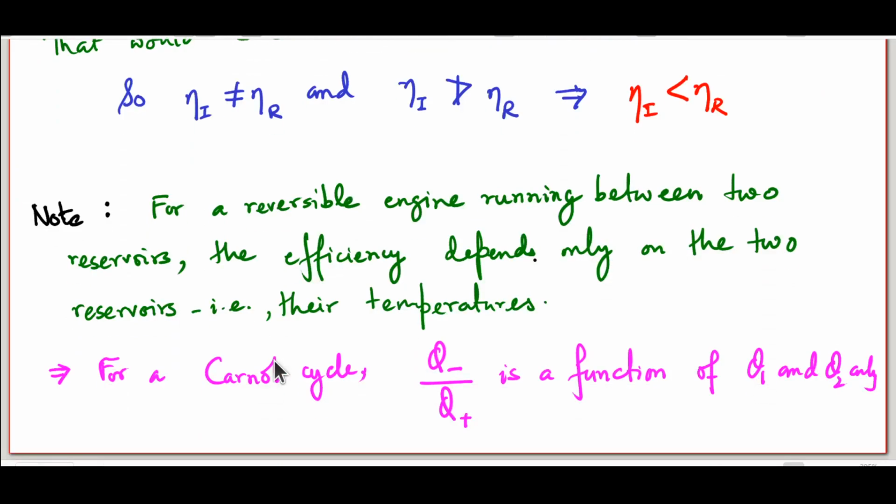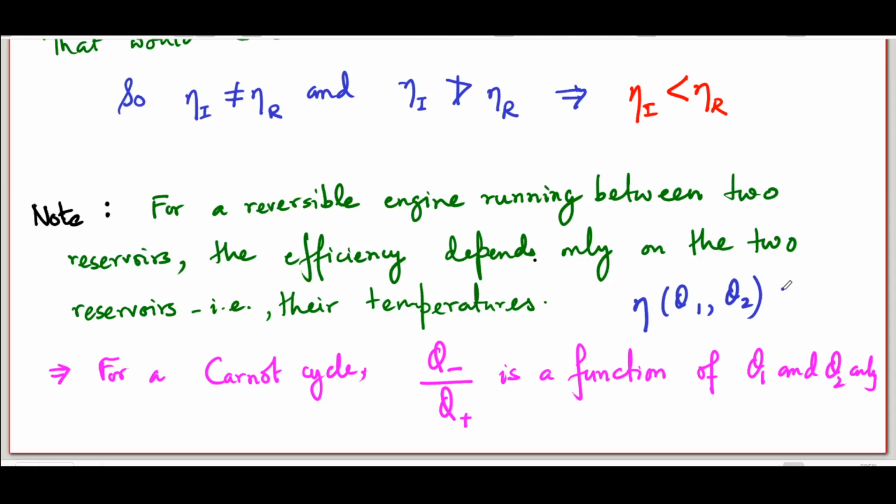If you have a reversible cycle running between two reservoirs, the efficiency depends only on the two reservoirs, that is, on their temperatures. And for the time being, I am going to denote the temperatures in any arbitrary scale by theta, because they are still empirical temperatures. And what this tells us is that the efficiency of a Carnot cycle depends only on the two temperatures theta 1 and theta 2.